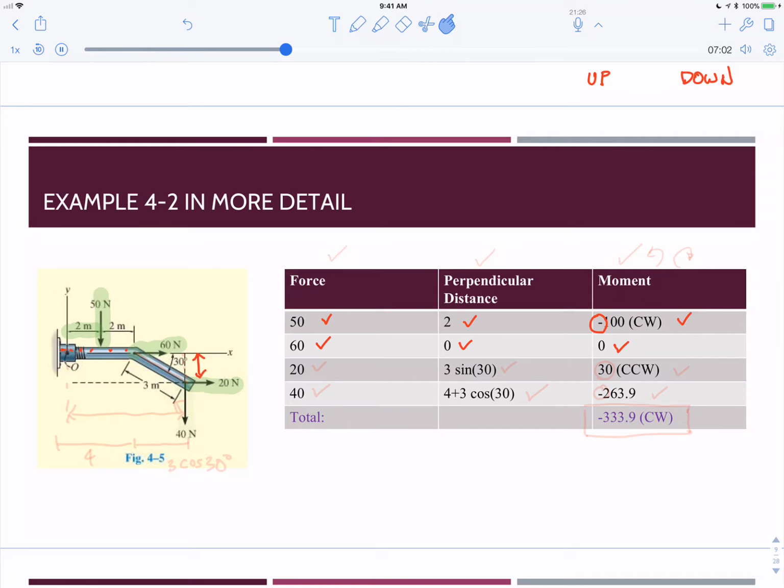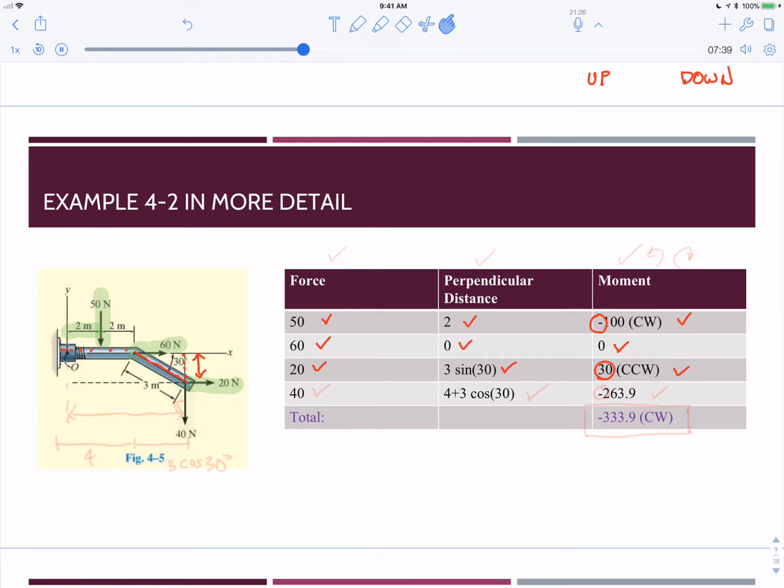Doing the geometry, it's 3 times sine 30 degrees. Here, this distance is 3, and so this distance here is 3 times sine 30 degrees. So the moment is 20 times 3 times sine of 30, which happens to be 30. And it is going counterclockwise around the origin, so it is positive.